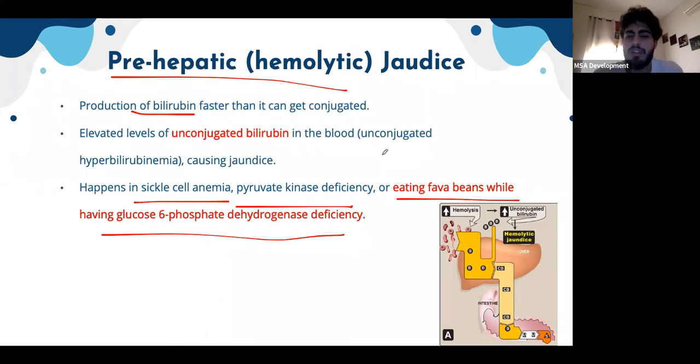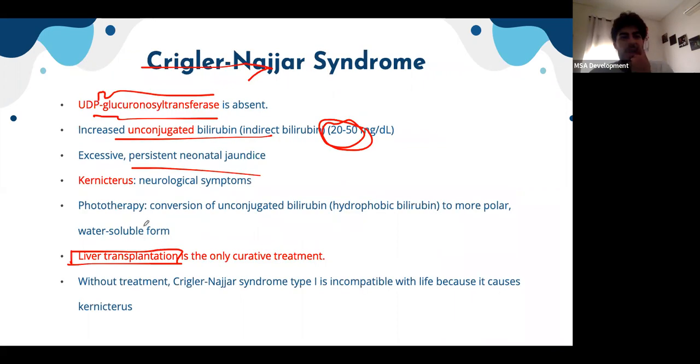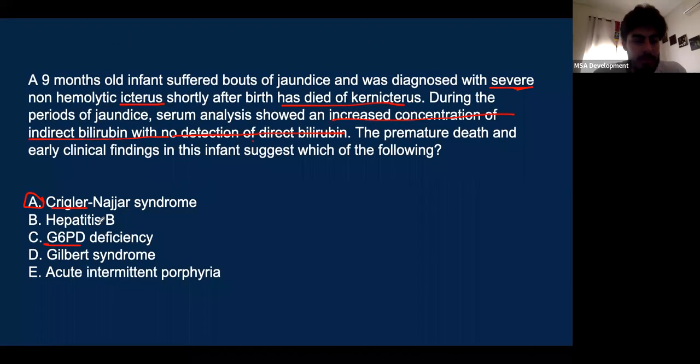The doctor mentioned eating fava beans; you took it in more detail, how it basically worsens the G6PD deficiency. It could be either this or this, but because it's so severe and the person has died of kernicterus, it's still definitely going to be Crigler-Najjar.